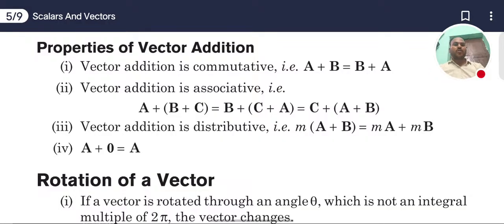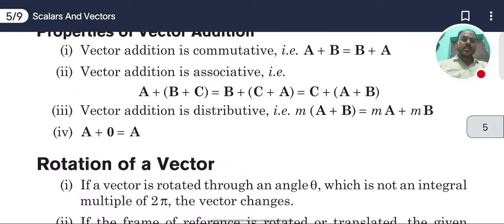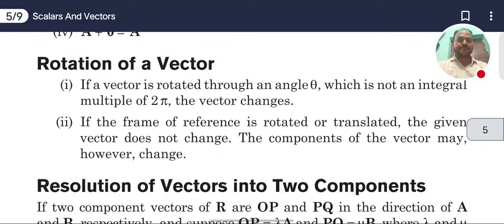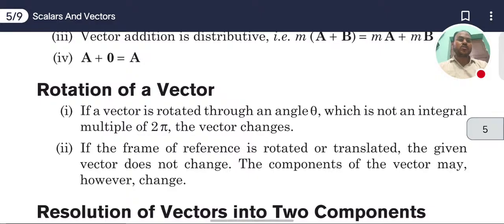Now next we are going to discuss the next topic, rotation of a vector. First point: if a vector is rotated through an angle theta which is not an integral multiple of 2 pi, the vector changes. Why?